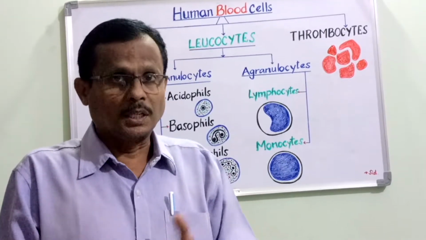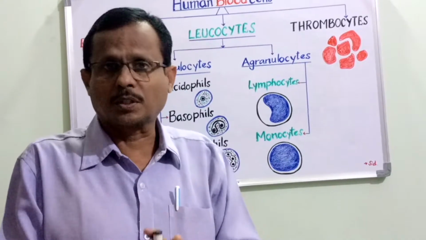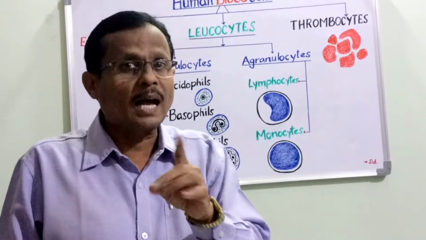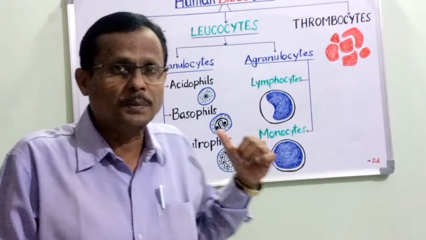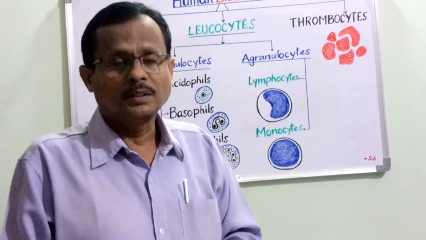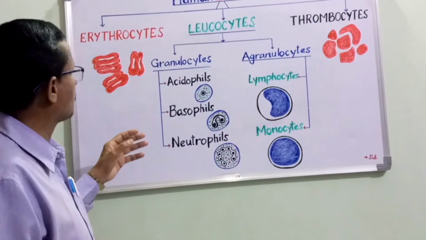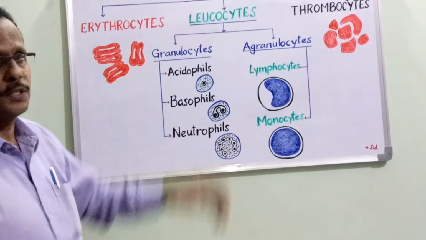In mammals, generally these are non-nucleated. Only in the camel do we find the RBCs of its blood bearing a prominent nucleus. This is an exception.